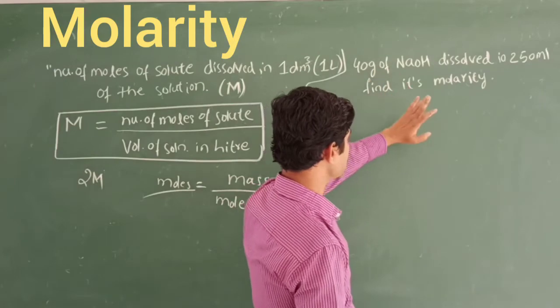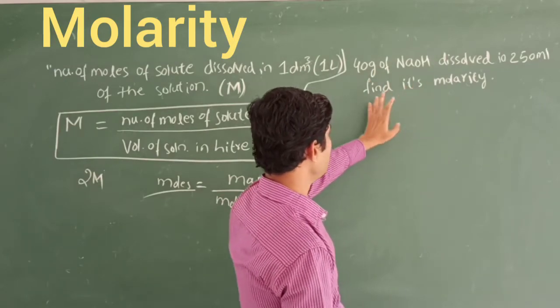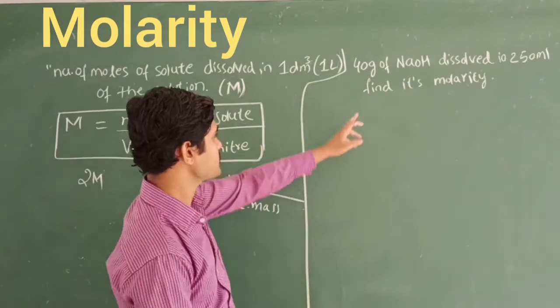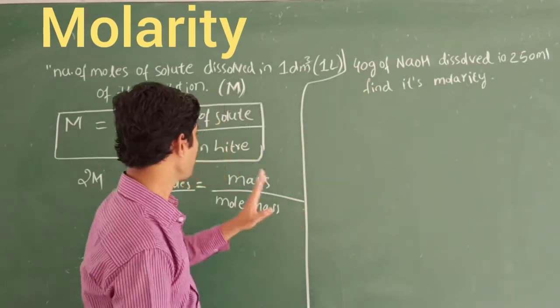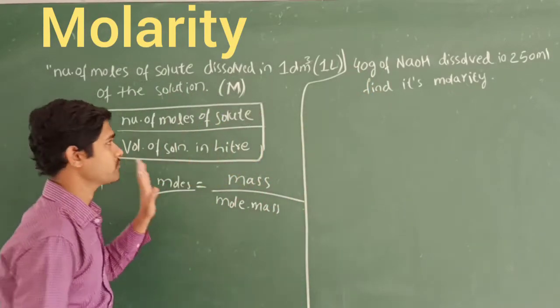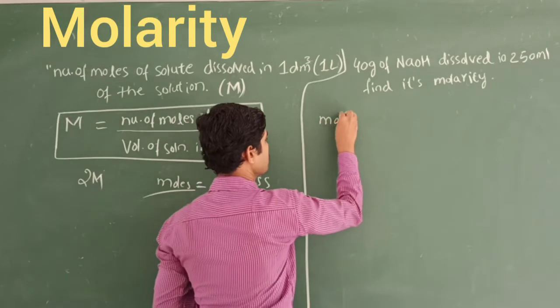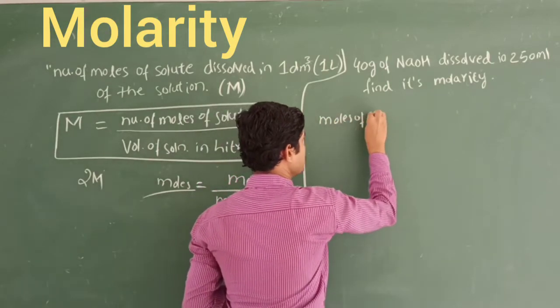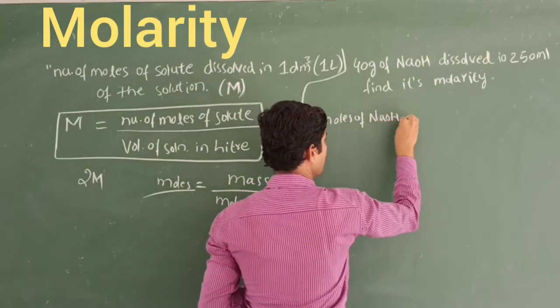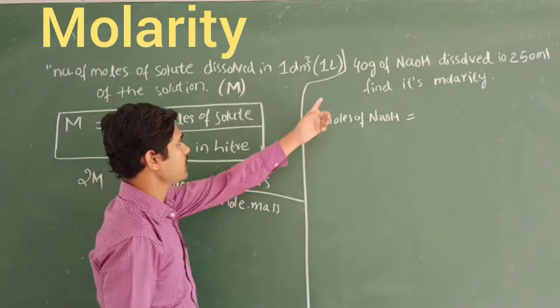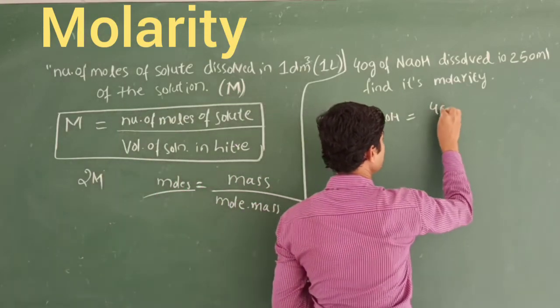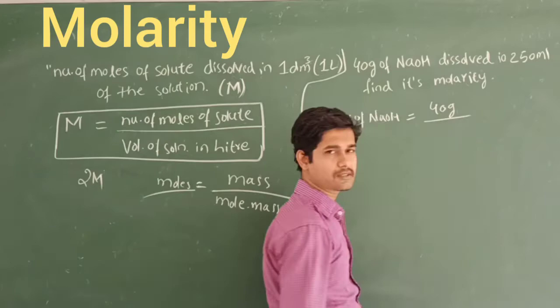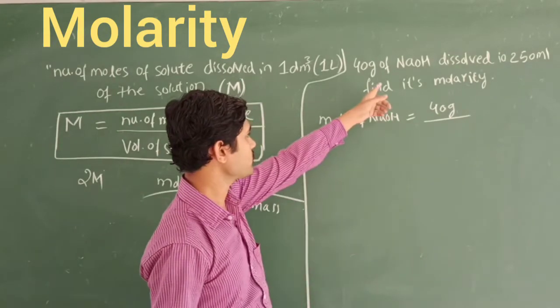40 gram of NaOH is dissolved in 250 ml, find its molarity. Right? It has been given in gram, but what we require according to our formula is moles. First we should find out the moles. Moles of NaOH is equal to, what is the formula? Mass. Mass is given, how much? 40 gram divided by, what is its molecular mass? We should find out the molecular mass.